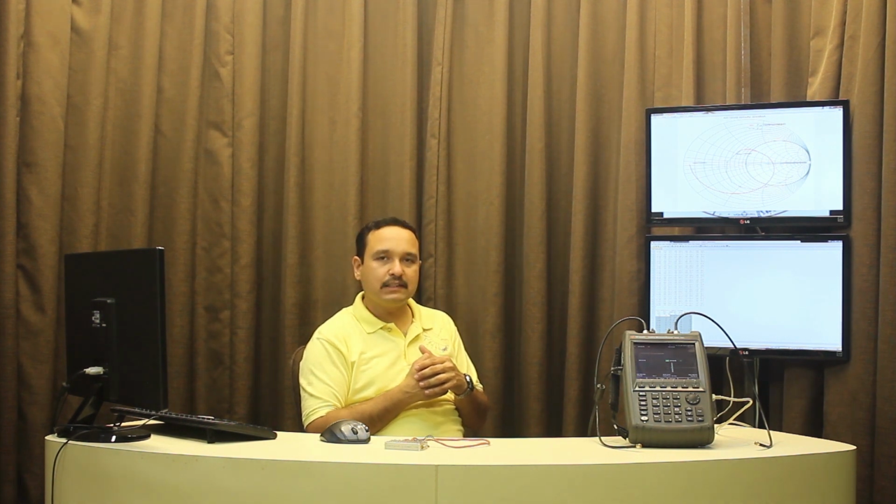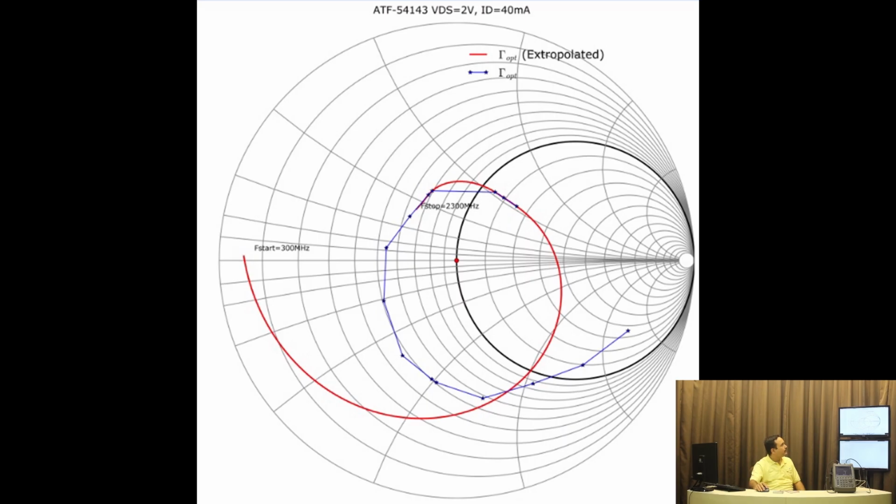In this case, you have an option to extrapolate this data and then use that extrapolated data for your design. So what you could see on the Smith chart now, the blue line is actually the data given by the manufacturer. Rather, the stars are basically the data points given by the manufacturer.